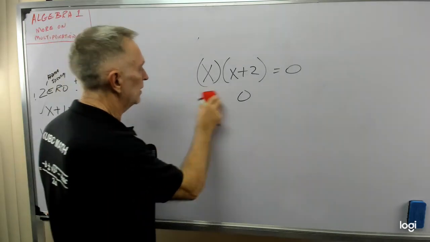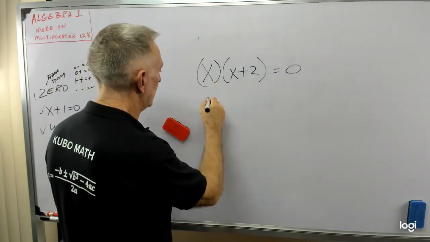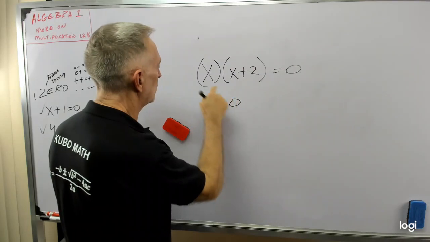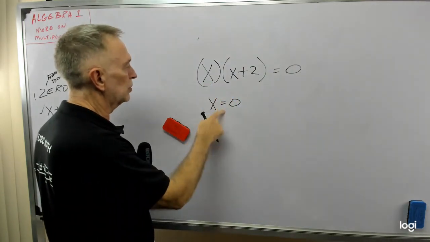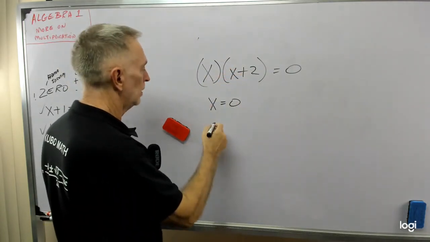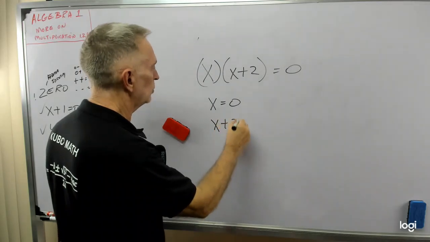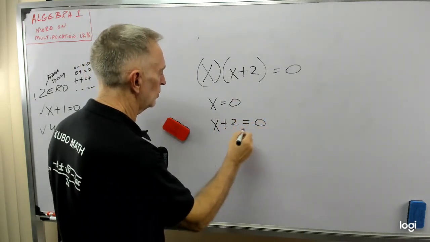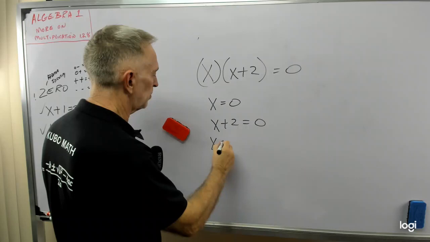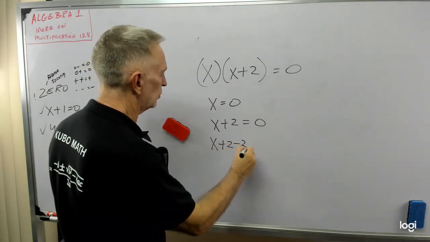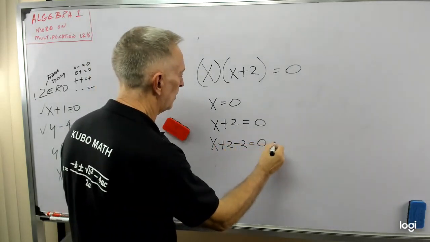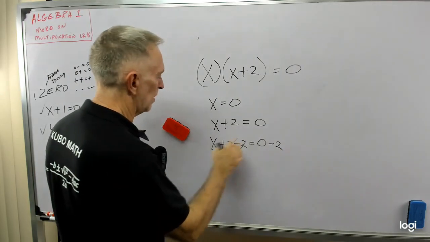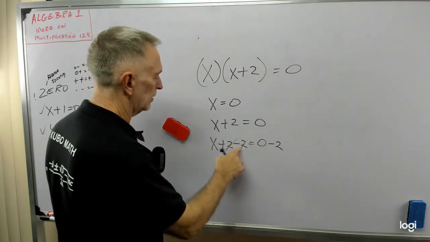Well, in this case, that means x could equal 0, or what's in the parentheses, x plus 2, could equal 0, which means x plus 2 minus 2 equals 0 minus 2. So my positive 2 and this 2 cancel.